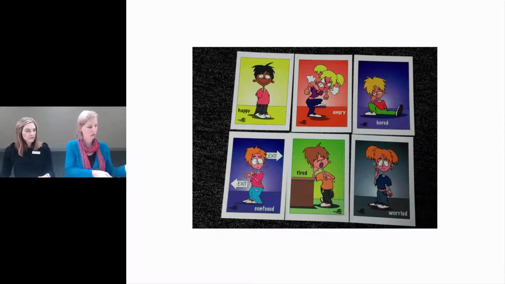You can also photocopy them, laminate them, and even put them on a little piece of string that they might be able to keep in their pocket or keep with them, so that when they are distressed and they may not be able to access the language to describe how they're feeling, they can use the cards instead.